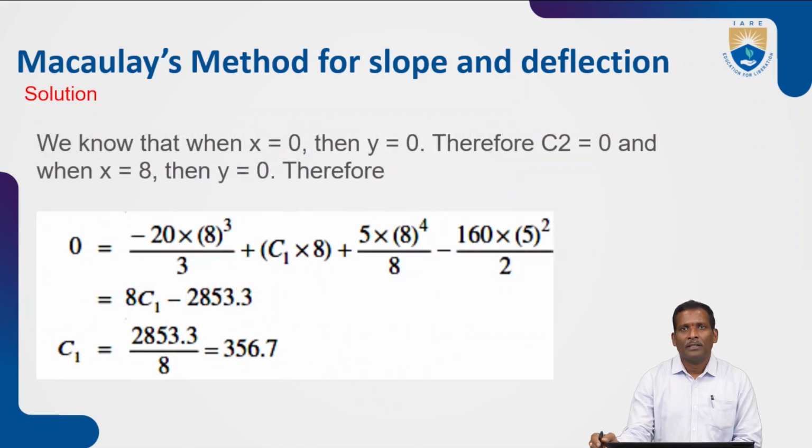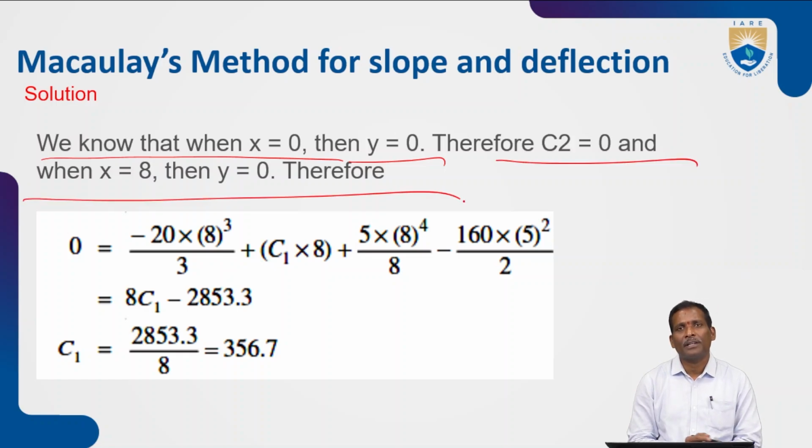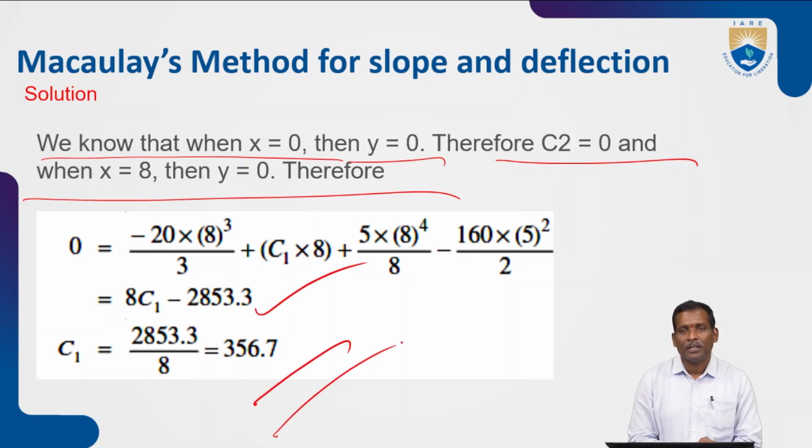We know that when x is equal to 0, y is equal to 0, so by the boundary conditions C2 is equal to 0. And when x is equal to 8, then y is equal to 0. So substitute here y is equal to 0 and find the C1 value. Since C2 is 0, substitute here x value 8 and y is equal to 0.